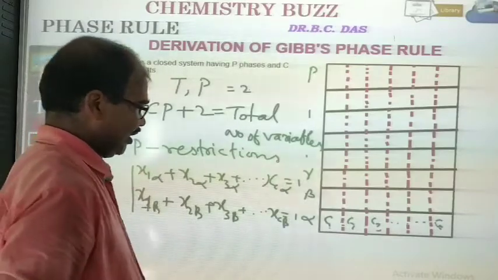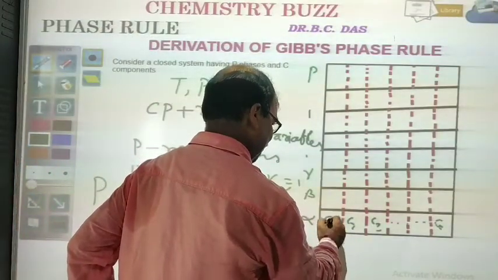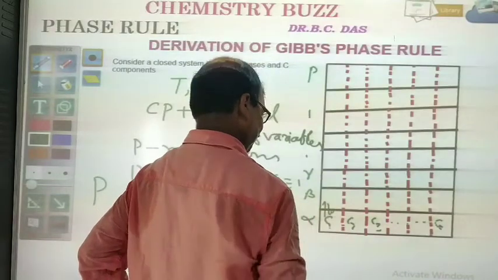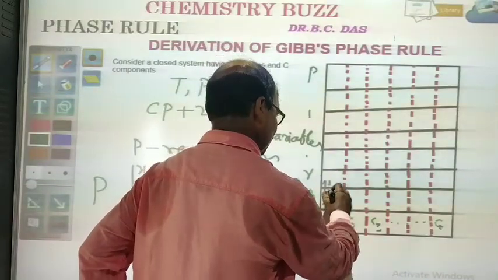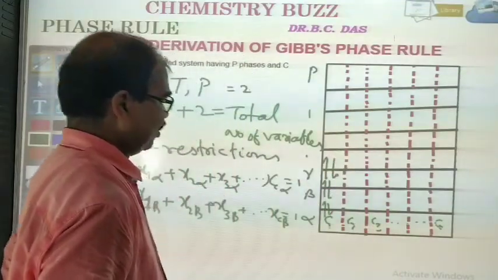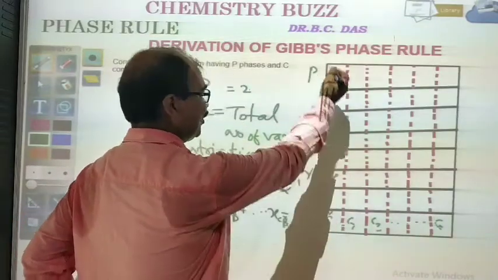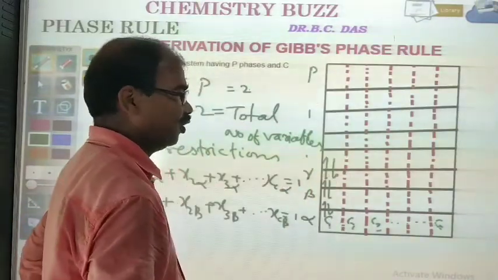Another restriction: here we have seen the alpha phase in equilibrium with the beta phase, in equilibrium with the gamma phase, in equilibrium with the delta phase. So how many equilibriums are there in total?